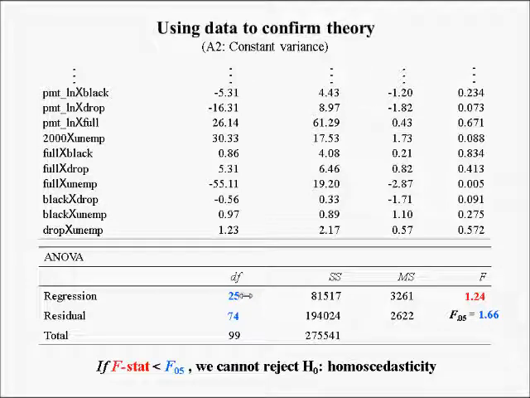So you go to column 95 of an F table, and you go to the row that corresponds to degrees of freedom equal to 74 and a significance level of 0.05. And so the intersection of this column with this row is 1.66. So the f-stat is less than the critical value. So we conclude that the variance is probably constant. So heteroskedasticity isn't a problem.